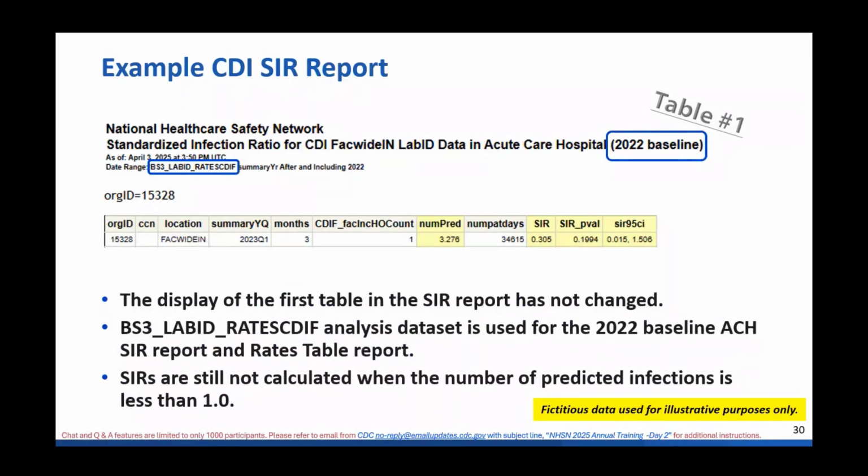You will find the 2022 baseline included in the title, and you're going to see the new dataset name, BS3, but the display of the first table in the SIR report has not changed. Also, the SIR reports are still not calculated when the number of predicted infections is less than 1.